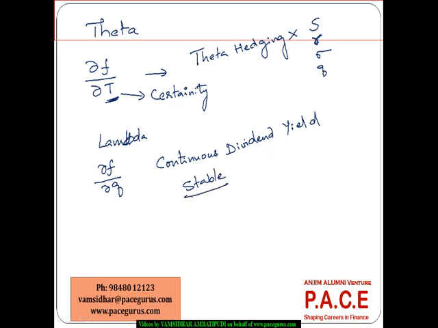And because the dividend yield is more or less stable, it's very rare that this changes drastically, which means the lambda is also more or less stable. So we are not that much bothered about making the portfolio lambda neutral as well.